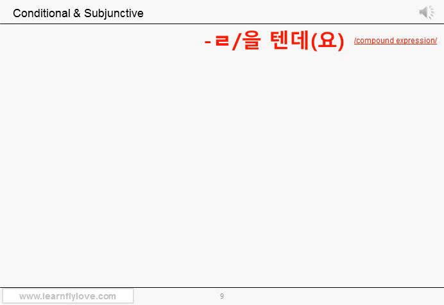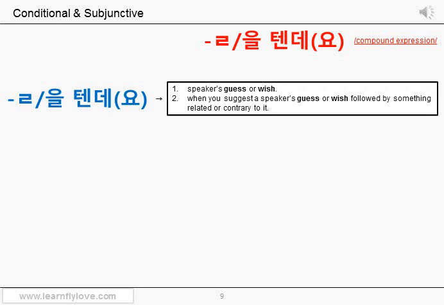Then what is the usage of this compound expression 을 텐데 or 을 텐데요? There are two usages on this page. Let's read them together. First, 을 텐데 or 을 텐데요 is used when you want to indicate your guess or wish, especially when it's used as the last predicate. Second, 을 텐데 is used when you suggest your guess or wish followed by something related or contrary to it, especially when it's used in the middle of the sentence as a connective ending.